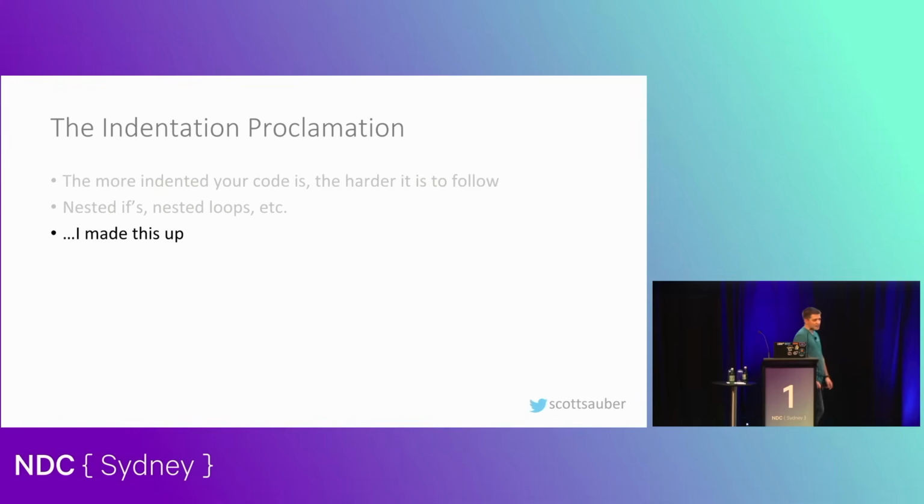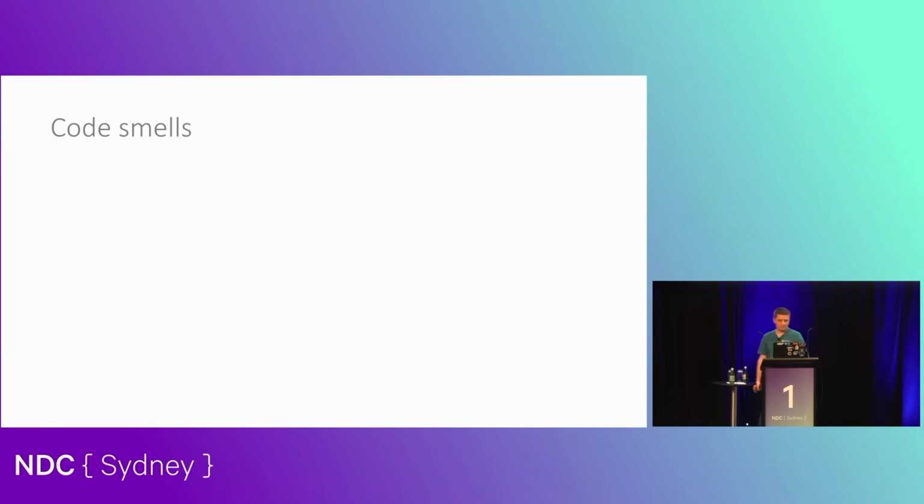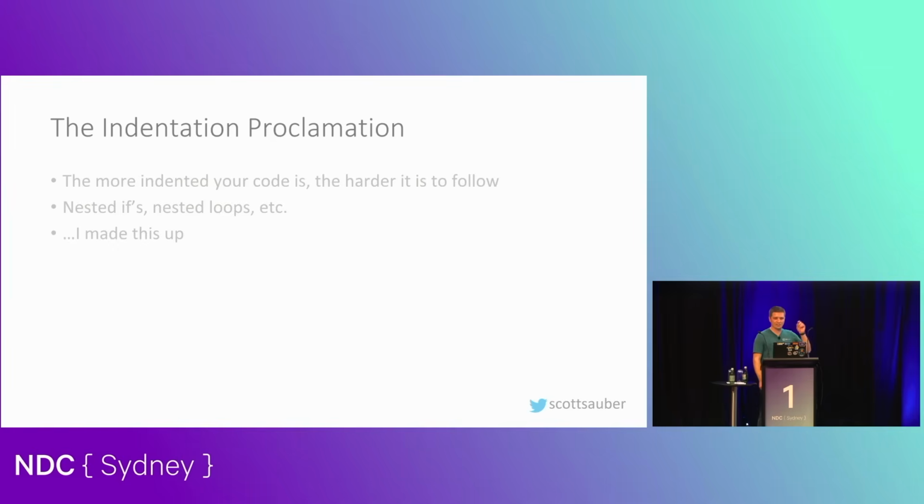And if you Google this, I made this up, so this is not a thing that exists, but I think it's easy to remember the indentation proclamation. There's also cyclomatic complexity and things like that that measure the same things, but I think it's easy to think about, oh, the more indented my code is, the harder it is to maintain. Now this does not mean switch to one space instead of 4 spaces. Don't do that, just to be clear.